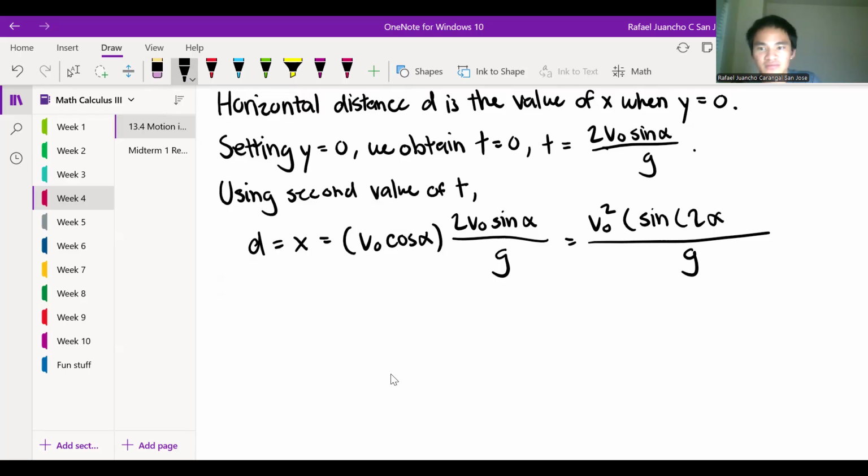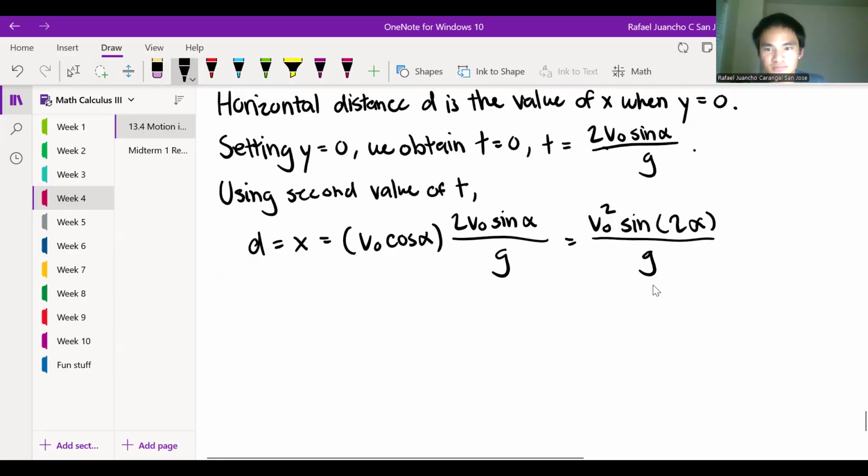Sine 2 alpha over g. So that's my x, right? This is my x in terms of its angle alpha and its initial velocity.